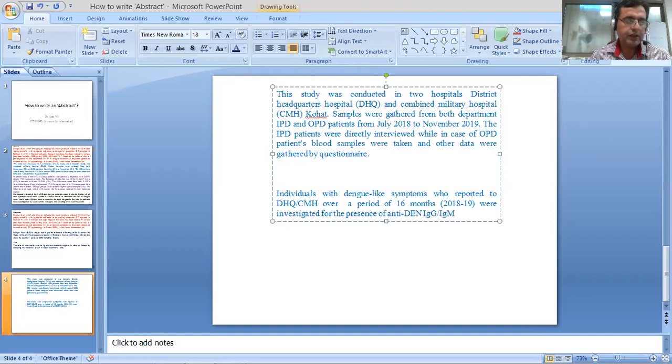Okay, these are the antibodies that you are looking for when you are looking for any evidence of the disease.